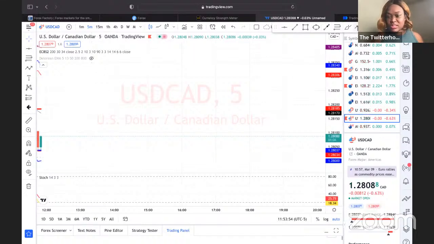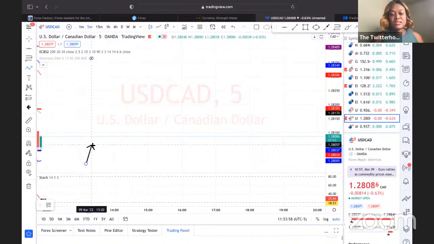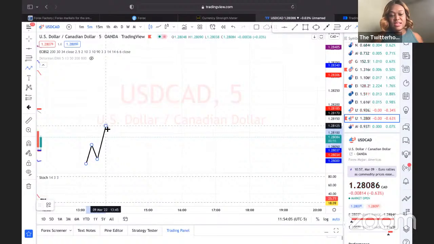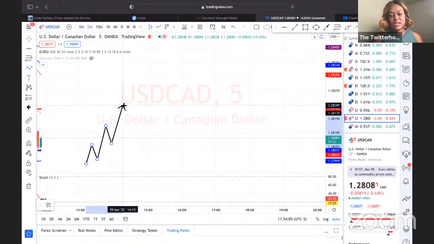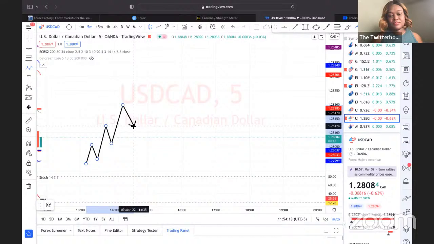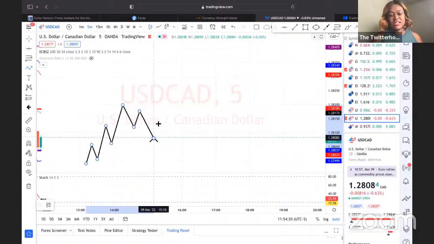let's see. We know that it's higher highs, higher low, higher high, right? But then at some point it's going to go like this.